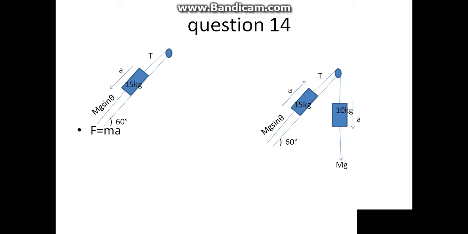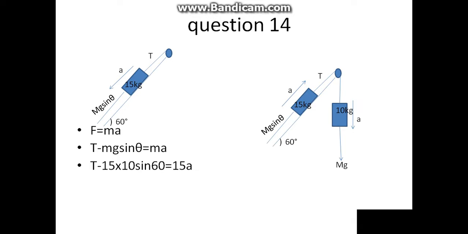Then force is equal to ma. The force of gravity, which is mg sin theta, minus the tension will give ma. Then 15 times 10 sin 60 minus T will give us 15, which is mass, times acceleration.